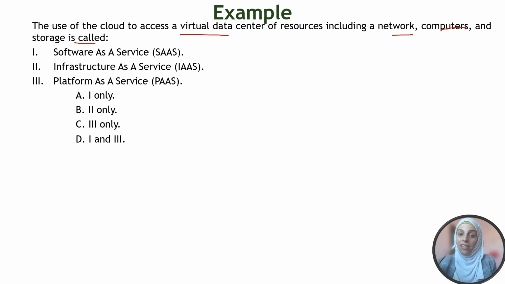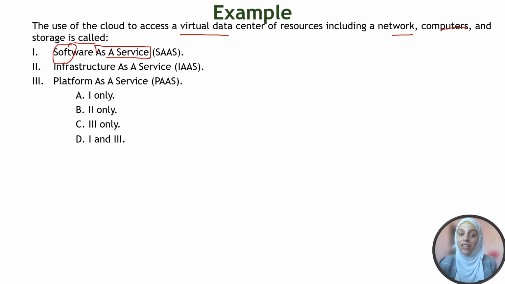So here we should remember what we learned and try to eliminate the incorrect answers. And remember the hint I gave you. Use the name to remember what it stands for. So if you remember when we said software as a service, this means that the service provider is giving you the software that you need, only the software.